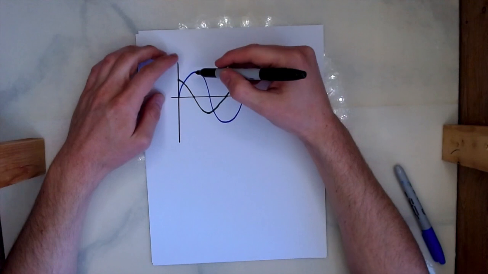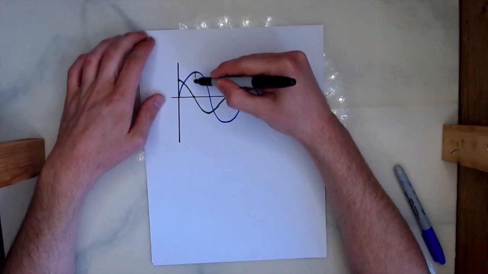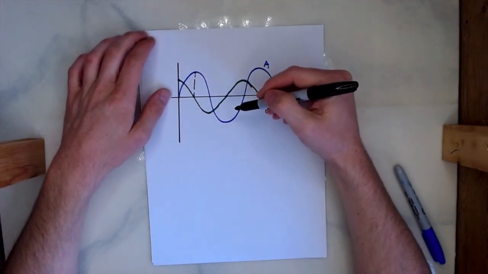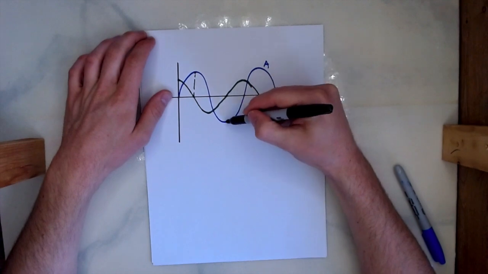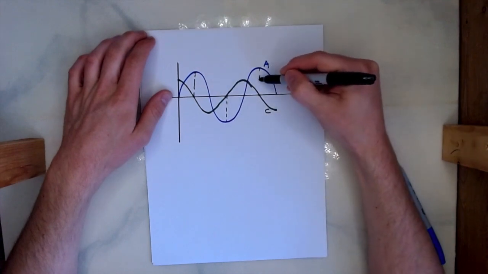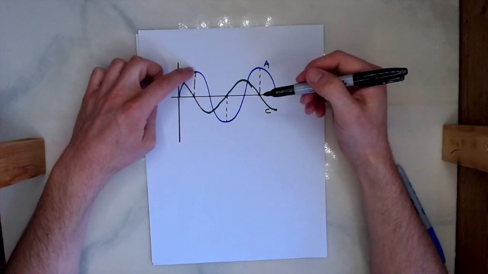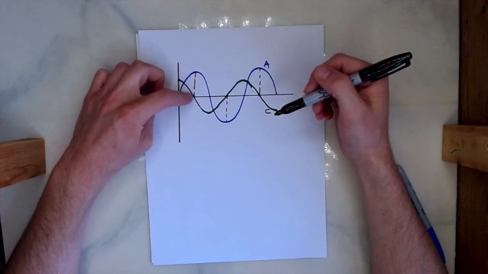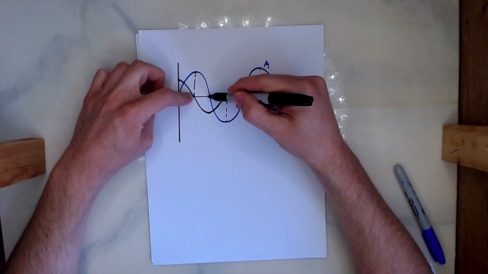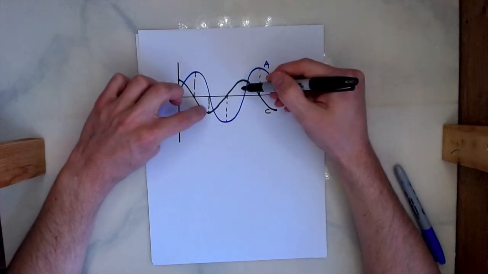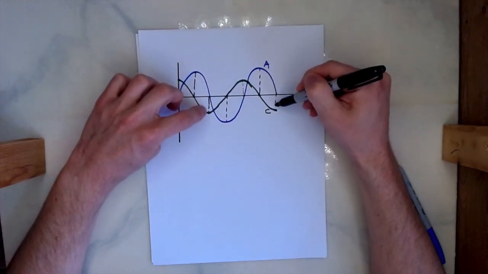But what I'm going to do is draw a dashed line down from the crests and troughs of A. So here we have something like this, this, and this. Well, notice each crest of A lines up with the intercept of C. And then each intercept of A lines up with the crest or trough of C. Just like that.